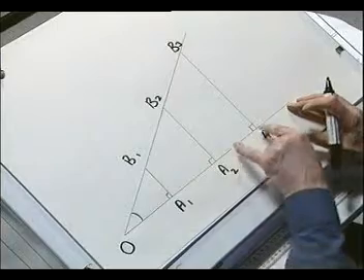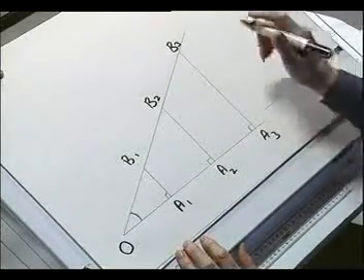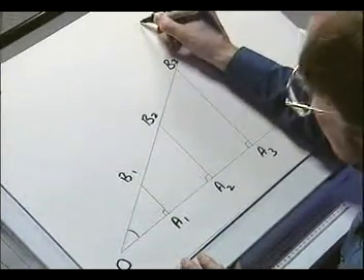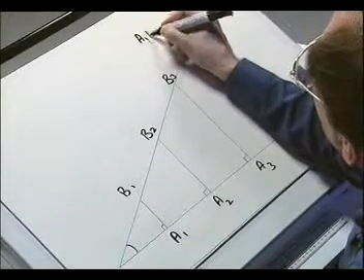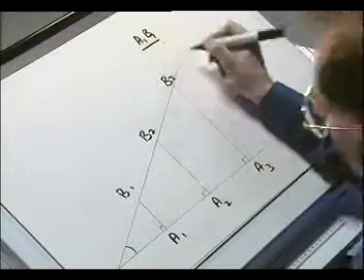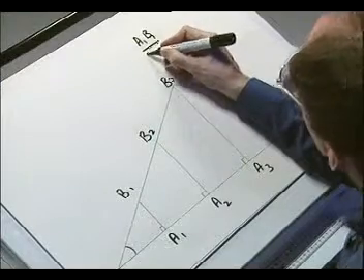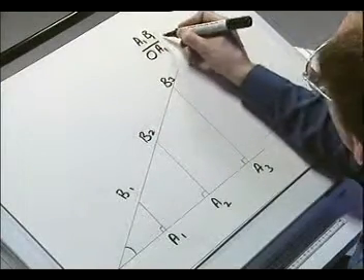I want to have a look at that and see what it actually does. So, I'm going to use a ruler, do some measurement, but these are fixed at 10 centimetres each. So first of all, let's have a look at A1, B1 divided by O, A1.